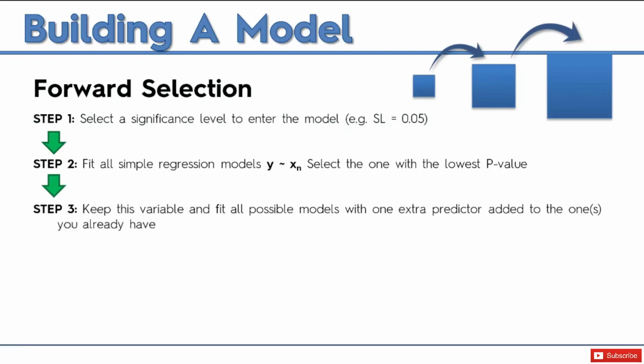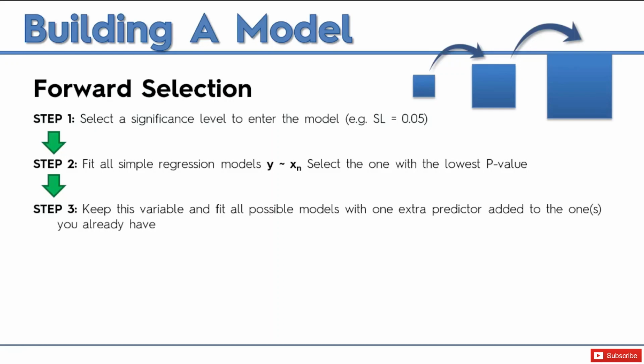Then we move to step three. We keep this variable that we've just chosen, and we fit all other possible models with one extra predictor added to the one you already have. What does that mean? That means we've selected a simple linear regression with one variable.